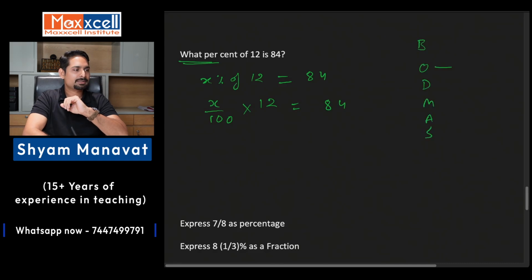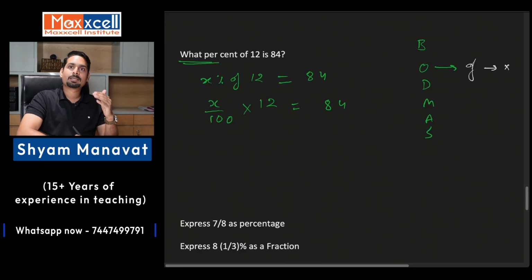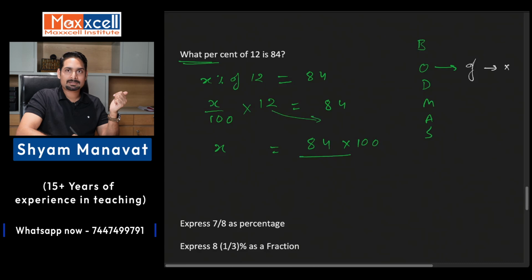Here the O stands for of, and this of stands for multiplication. So in this mathematical expression, if you see of, you can easily replace it with the multiplication sign. So you have X equal to 84 multiply by 100 divide by 12, taking this 12 to the other side.